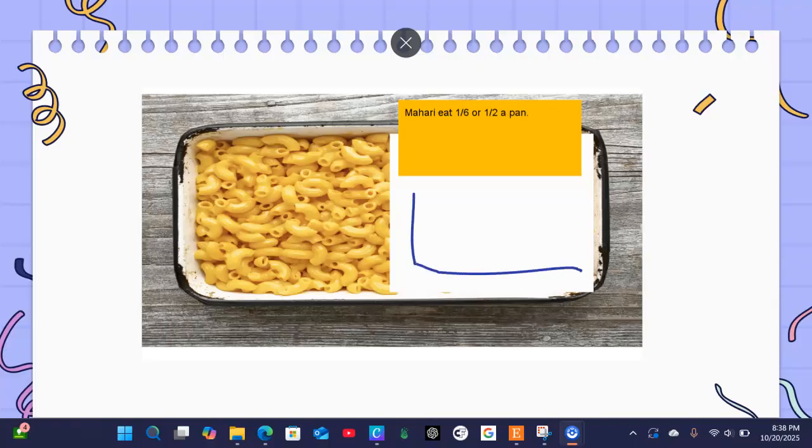So I'm going to draw my pan of mac and cheese. Again, I'm going to draw a rectangle, and 1/2 is left. So let's go ahead and highlight the half. Now, it says he's getting 1/6 of that. So let's go ahead and partition a sixth.